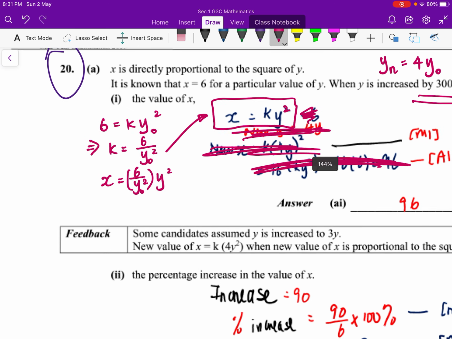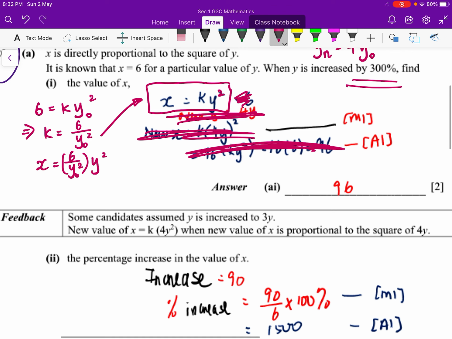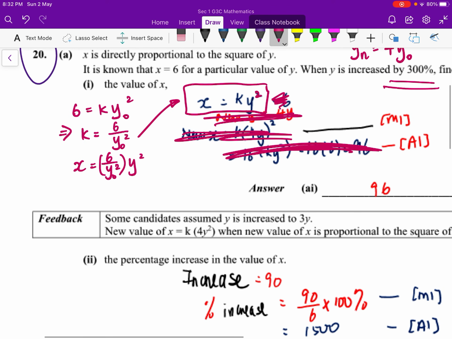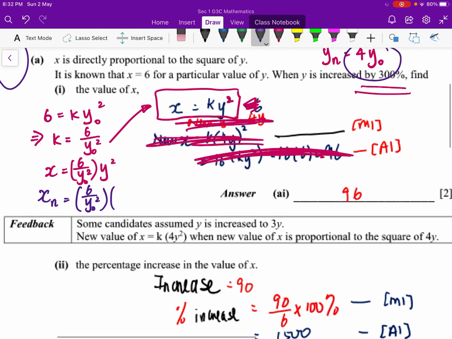Okay, now we're going to find the value of x. So do the substitution. The new value of x is 6 over the square of the old y, multiplied by the square of the new y, which is 4 times the old y.